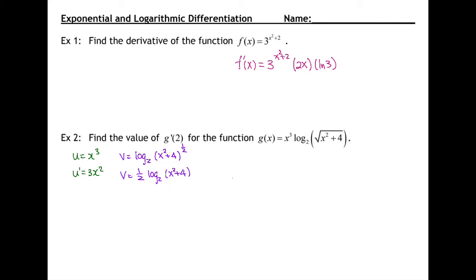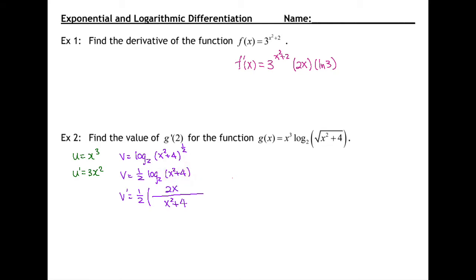And then I will differentiate it. Whenever you differentiate a log, this function, x squared plus 4, goes into the denominator. And the differentiation of this goes on the numerator, which is 2x.